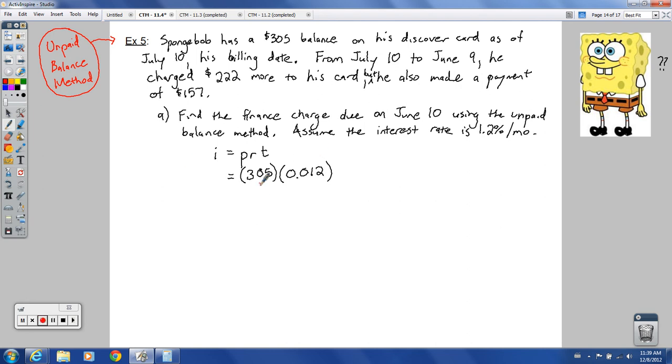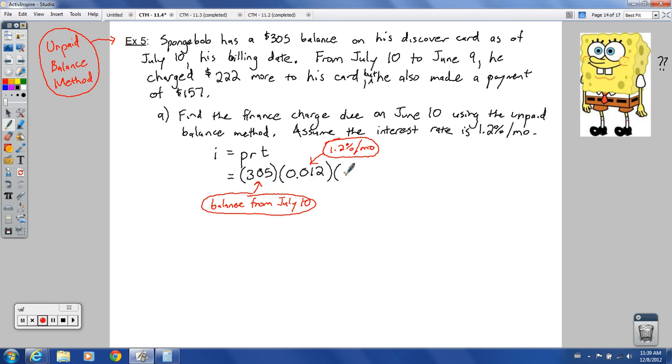So let's put some things down here in a different color just to remember where these came from. This is the balance from July 10. That's where that number came from. This number comes from the 1.2% per month. And then if you're going to use months for your rates, something per month, then you have to use months for your time as well.